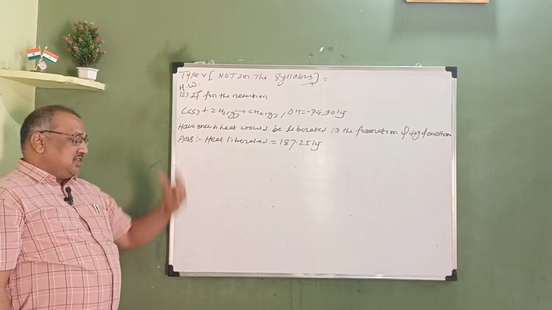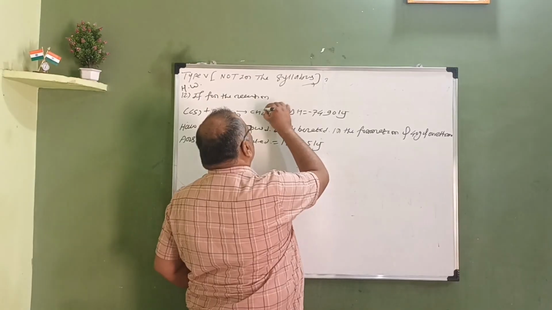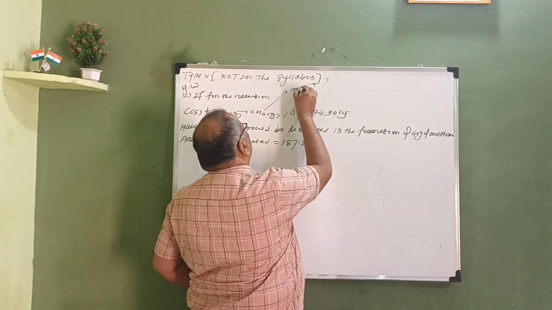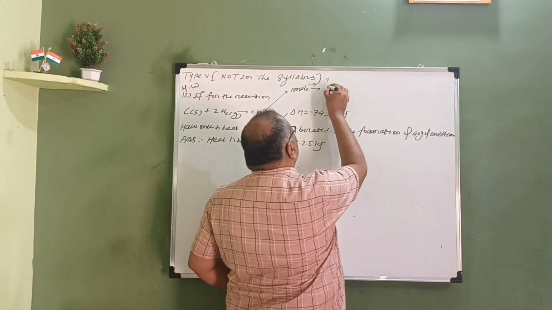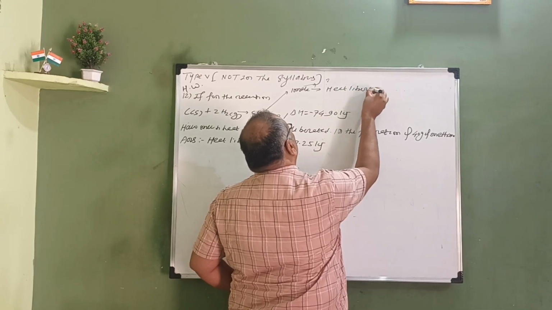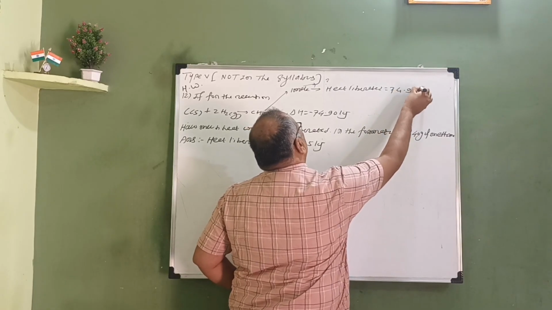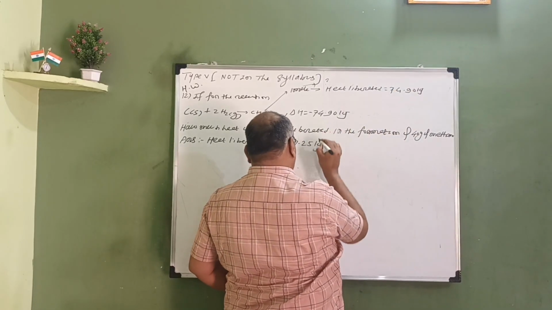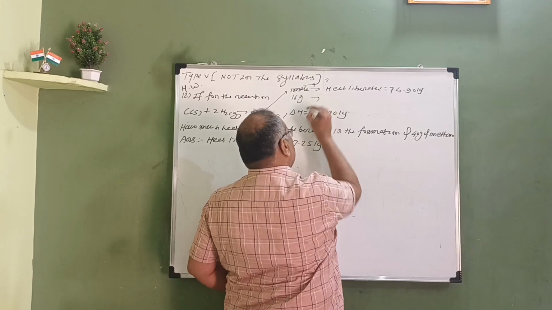Let us observe this reaction. Here 1 mole of methane is formed, and here heat liberated equal to 74.90 kilojoule. 1 mole of methane means 16 gram of methane.